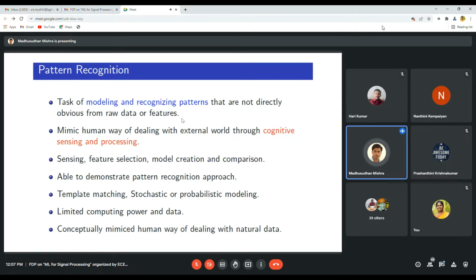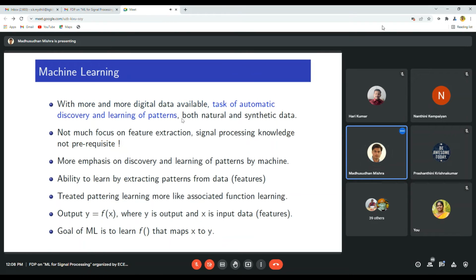But one drawback is that we have limited computing power and data, and conceptually mimicking the human way of dealing with natural data is the main objective of pattern recognition. Then, as we saw artificial intelligence and pattern recognition, now we come to machine learning. The question is, why machine learning? What is the need of machine learning?